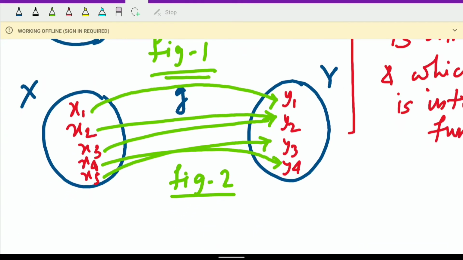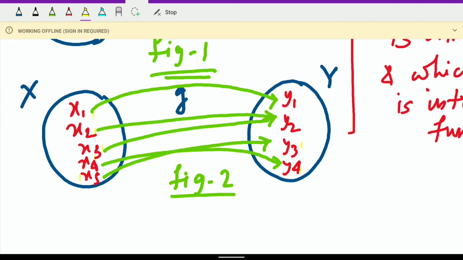Okay, now next, move forward. What about figure 2? See, in figure 2 under function g, every element in Y has its pre-image in X. Here y1 has pre-image x1, y2 has pre-images x2 and x3, y3 has x5, and y4 has x4.